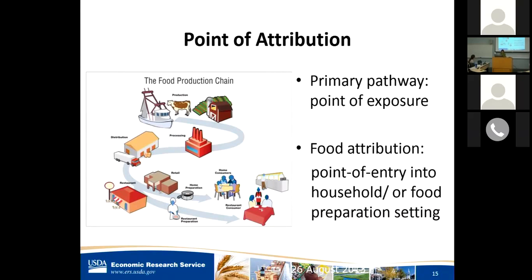At the place of food preparation, it's really more of an educational effort, an effort at hygiene within food preparation establishments like restaurants, as opposed to, say, care in slaughter, or what's going on the farm that's causing a bacterial infection, or policies that are affecting the use of pesticides in production. So it's really the policy that's driving the decision to have point of entry into the household or food preparation setting as the point of exposure.